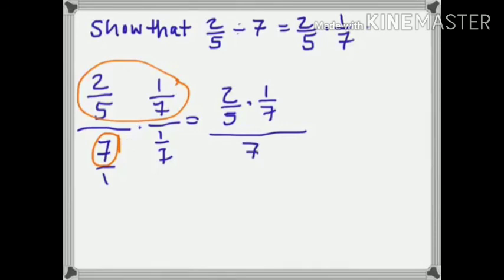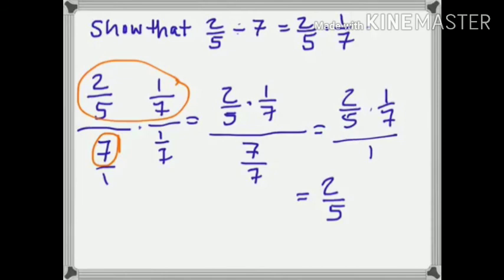And 7 times 1 in the denominator, that's 7. Okay, 7/7 is just 1. And dividing by 1 leaves you with the numerator 2/5 times 1/7. Alright, so I started with the division problem, multiplied by 1, which does not change the division problem, and ended up being able to express it as a multiplication problem.